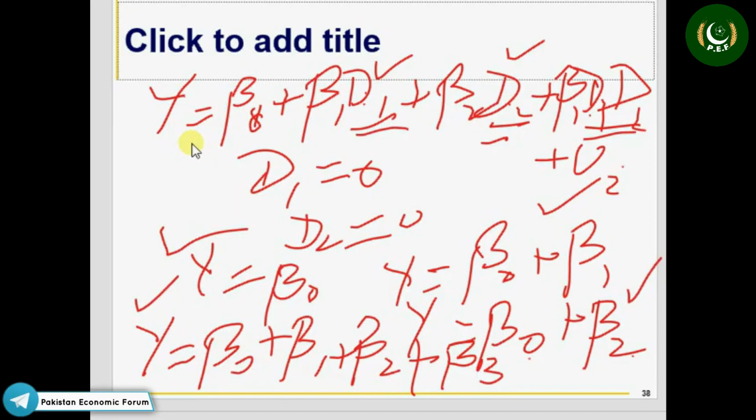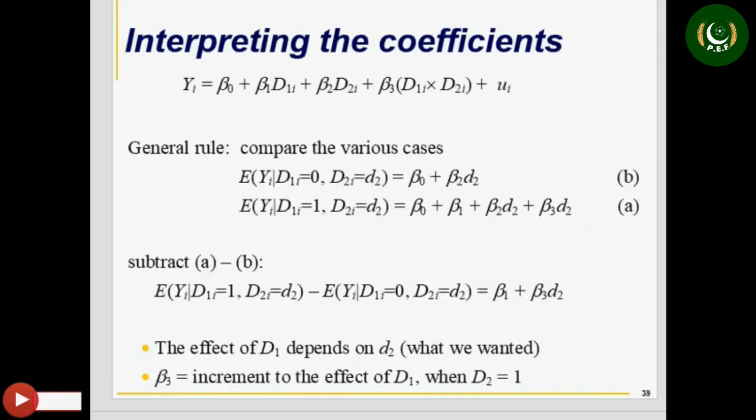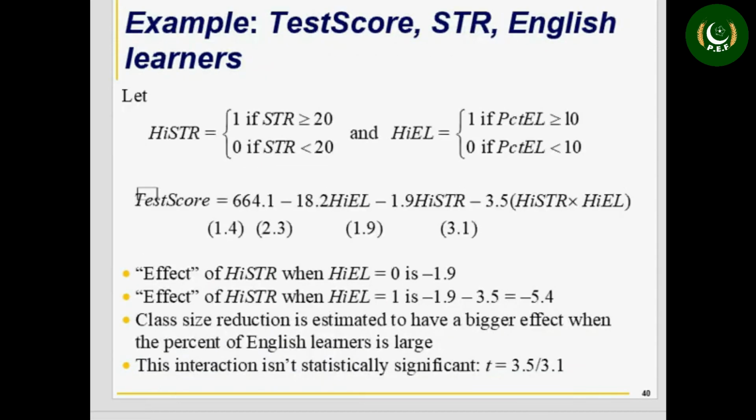This is possible only if you have the interaction term, because otherwise D2 is eliminated, so it means graduate, but in fact we don't know whether male or female. So that's what we were talking about.